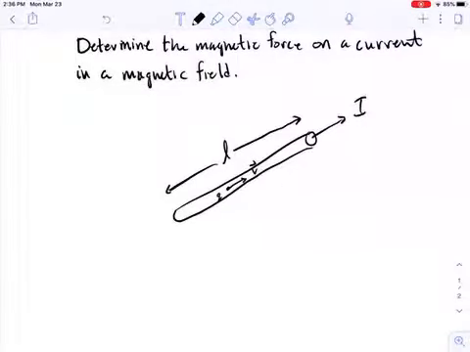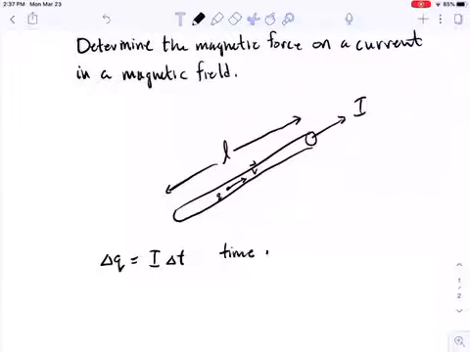Okay, so delta Q divided by delta T is current, so if we multiply by the delta T, then the amount of charge that passes through some cross-section of the wire in time delta T is I times delta T.